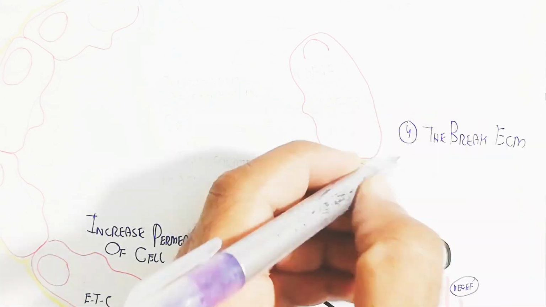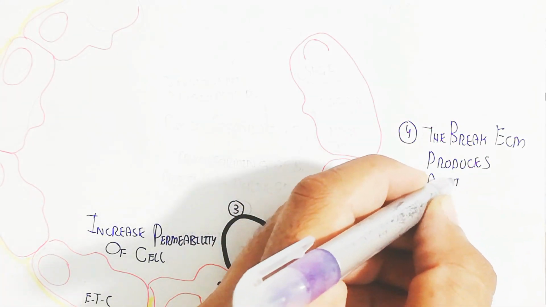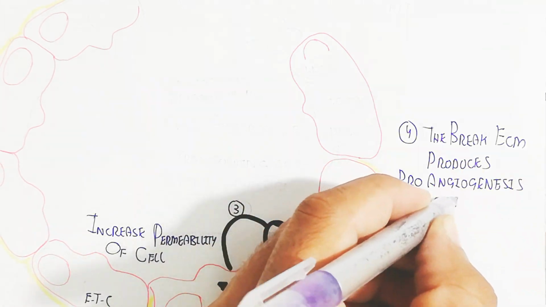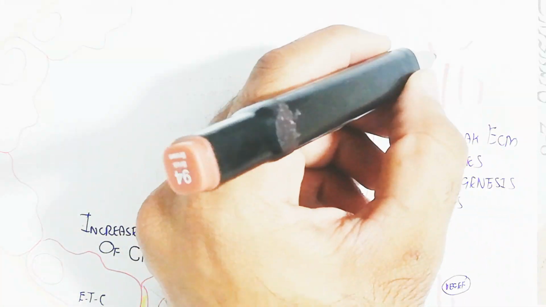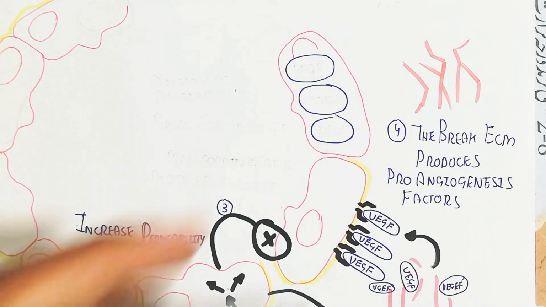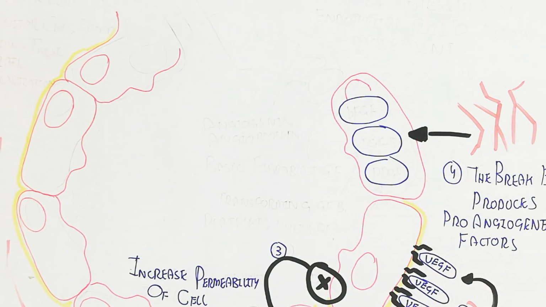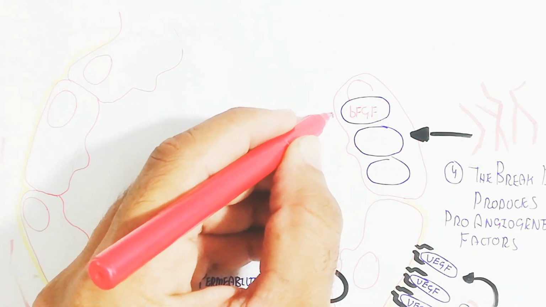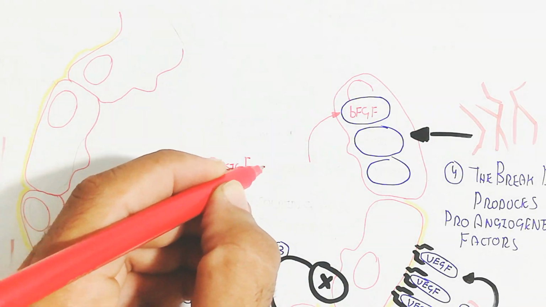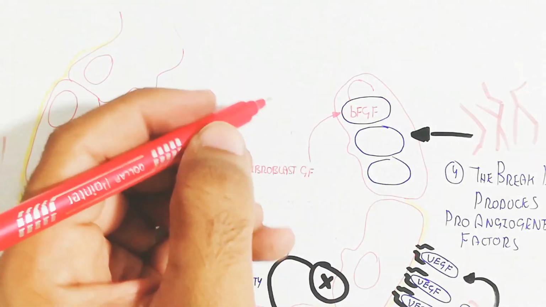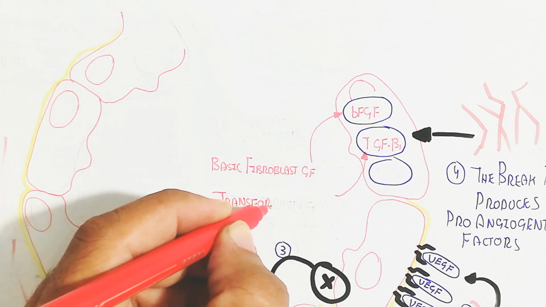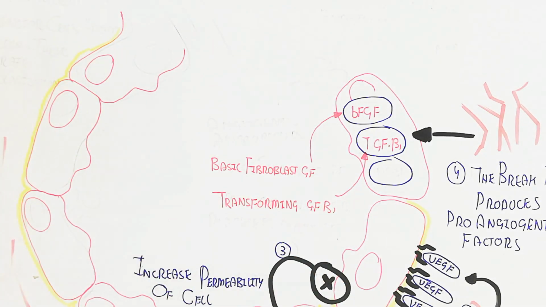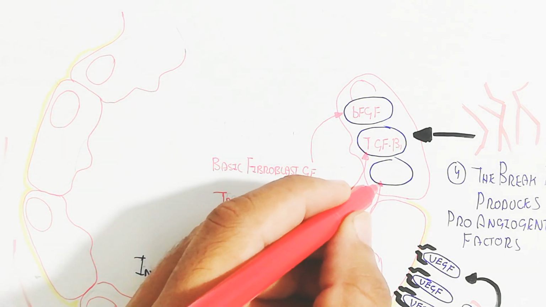So after step 4, the broken-down extracellular matrix produces pro-angiogenesis factors. There are several pro-angiogenesis factors; in this video, we will just understand about four. Number one is the breakdown of the extracellular matrix producing pro-angiogenesis factors for the angiogenesis process, like bFGF, basic fibroblast growth factor, transforming growth factor beta 1, and platelet-derived growth factor.